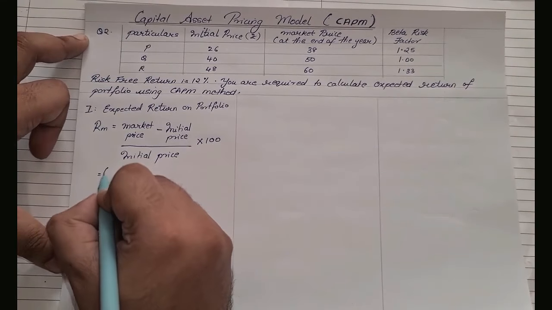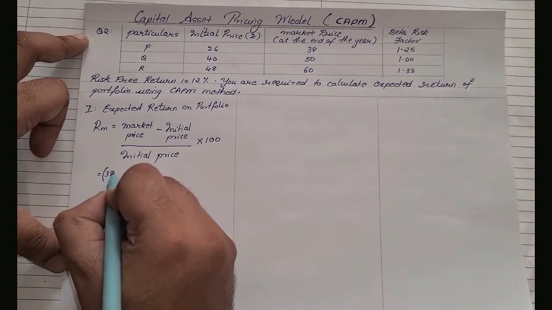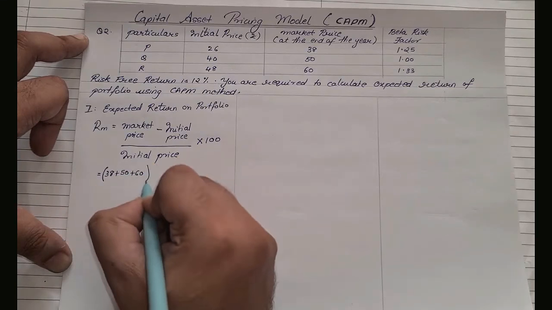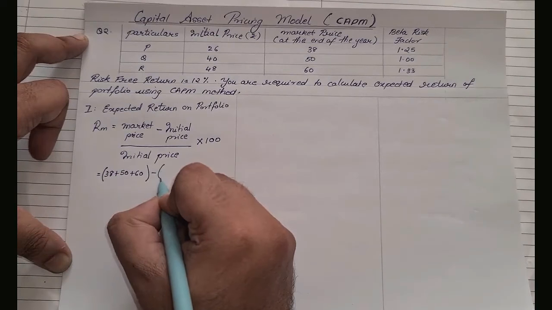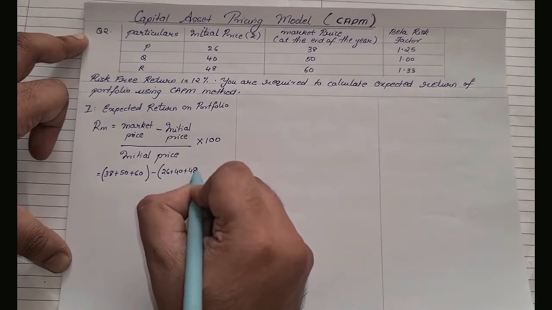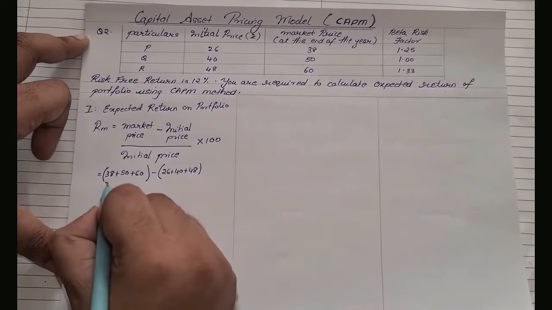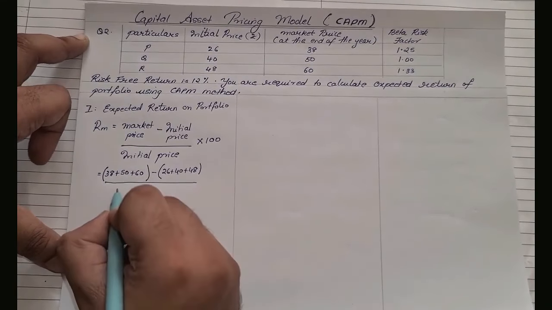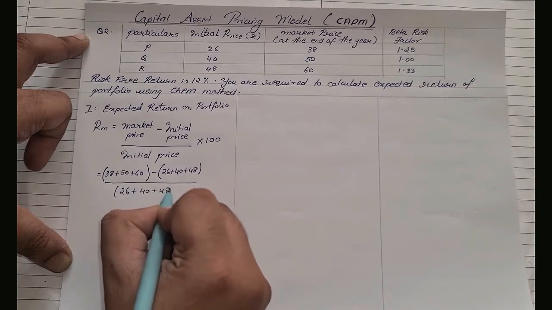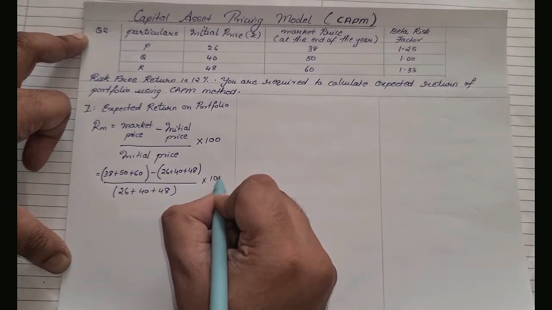So it would be the summation of 38 plus 50 plus 60, that's market price, minus the initial price, that is 26 plus 40 plus 48, upon initial price, again 26 plus 40 plus 48 into 100.